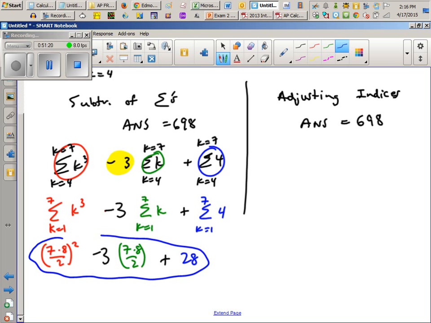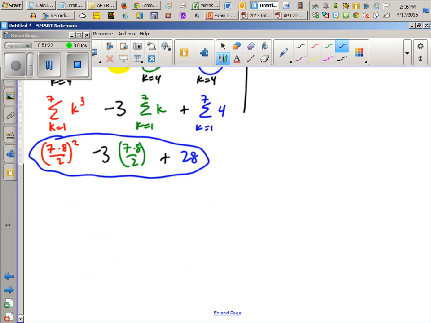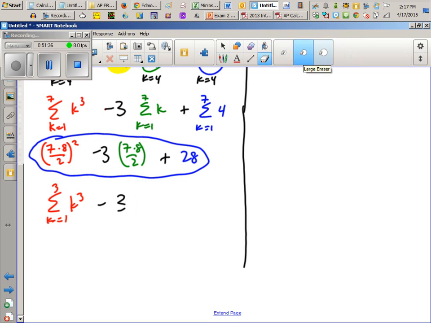Not done yet. Okay, now we're going to do the 1, 2, 3 case. So we're going to do sigma k equals 1 to 3, k cubed minus 3 times sigma from k equals 1 to 3 of k, and then finally plus sigma k equals 1 to 3 of 4.